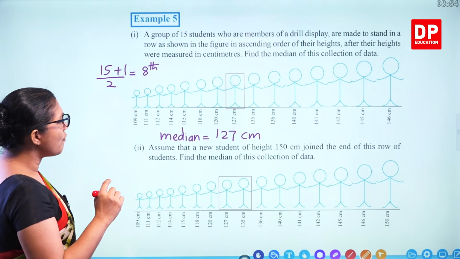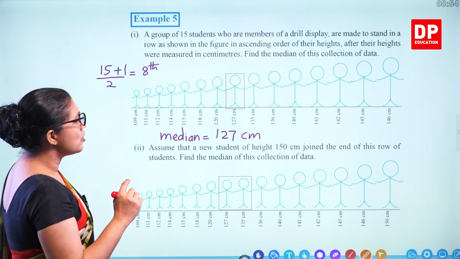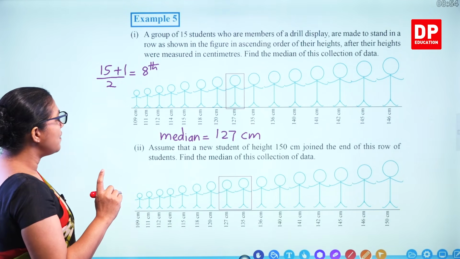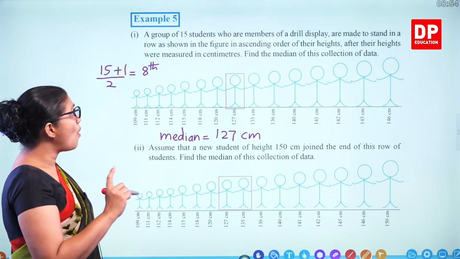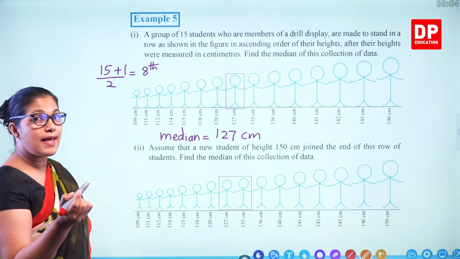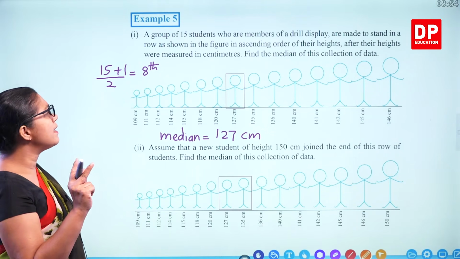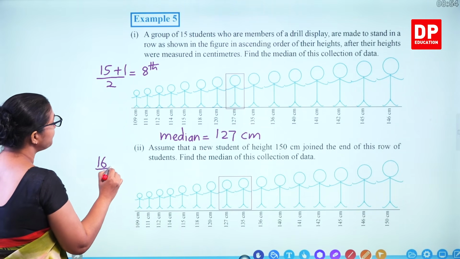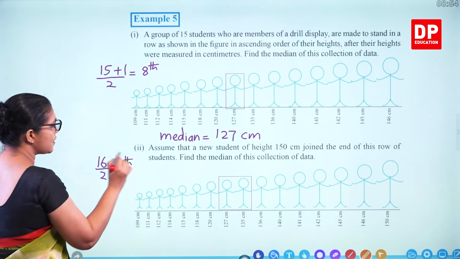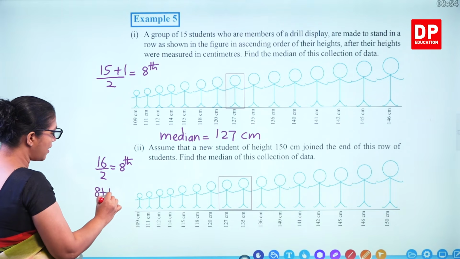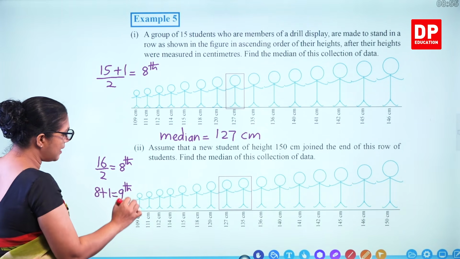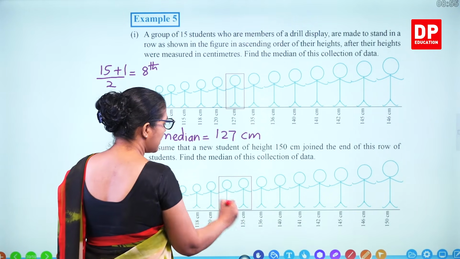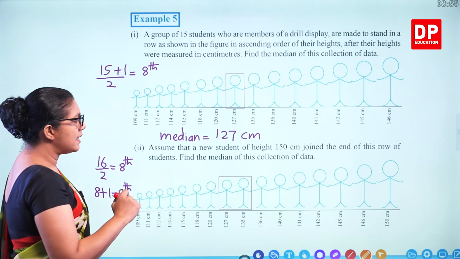Assume that a new student of height 150 centimeters joins the end of this row of students. Find the median of this collection of data. Now altogether 16 students are there, an even number, so you get two middle numbers. 16 divided by 2, the 8th one is the first middle number. 8 plus 1, the 9th one is the second middle number. These two are the middle numbers.